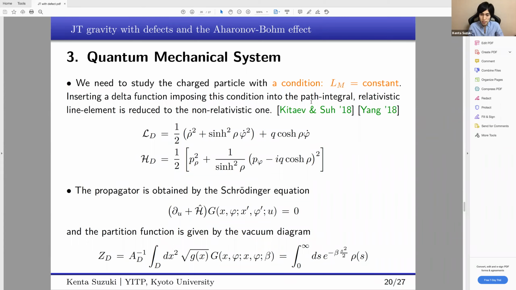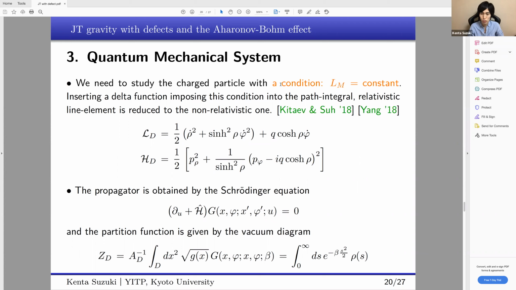So basically, this rewriting is analogous to what we do when we rewrite the Nambu-Goto string action to the Polyakov string action. For the string theory case, we need to introduce a world sheet metric to do such rewriting. But here we are talking about a point particle, so we need to introduce a world line metric.